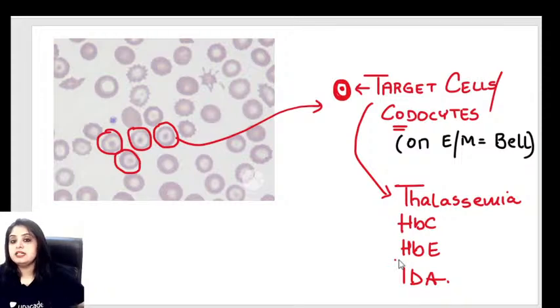But again, reminding you, the most important question is that target cells are seen in thalassemia, and thalassemia means hemoglobin disorder. So along with that, some other hemoglobin disorders like hemoglobin C, hemoglobin E, they can also show you target cells, also known as podocytes. That was the first finding. Target cell done. Let's see the second finding.